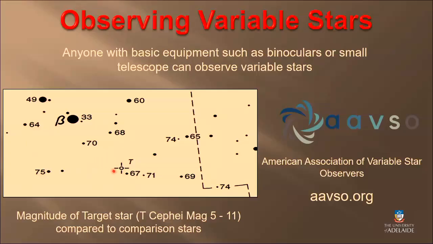You can look at how bright your target star is and compare it with the stars around it to work out its magnitude over several nights or weeks. These numbers, 6, 7, actually mean 6.7. So that's magnitude 6.7. They just drop the dot out, so you don't confuse it with a star.